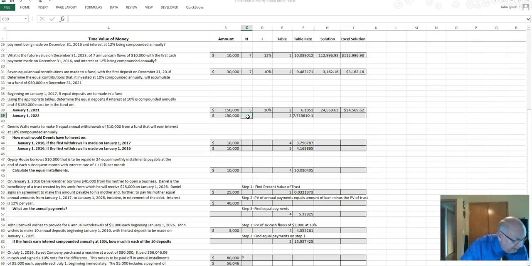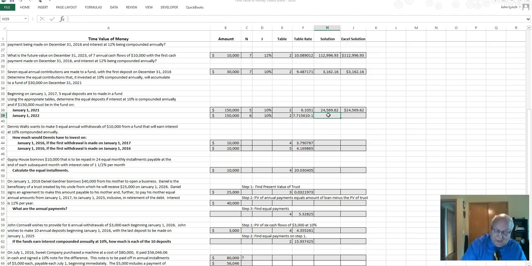Okay, for this one it's 6 periods away. It's still 10% interest, payment 2. Oh, this time we want to look at table 2. This is a little bit different in that what we're looking for is the first withdrawal is to be made on January 1st, 2016. So yes, it's 6 periods away, but we want to subtract 1 from it.